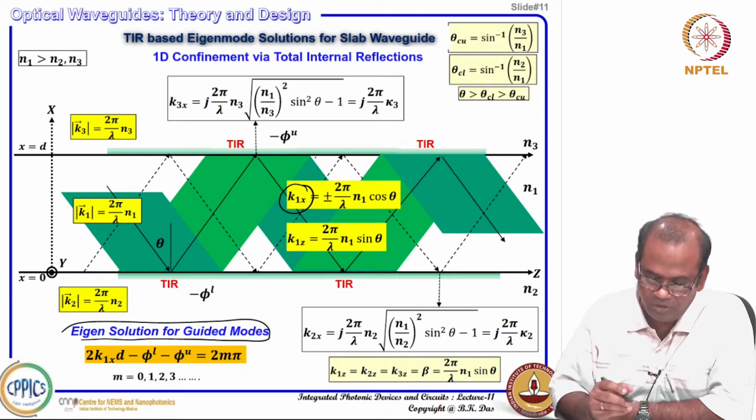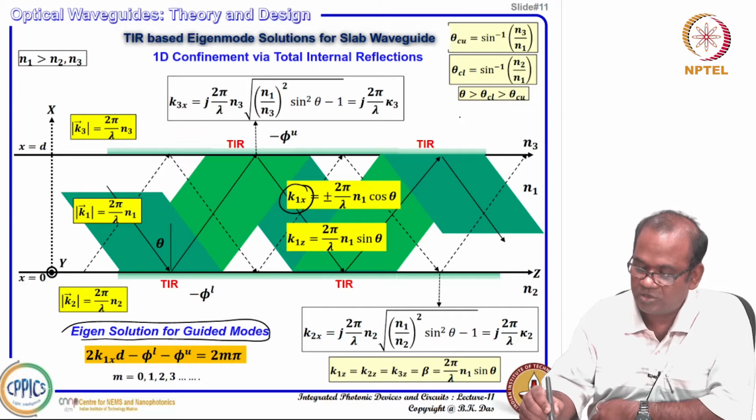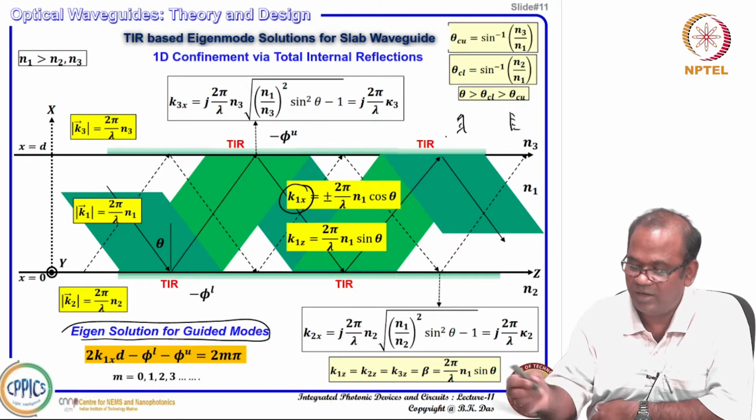How is that possible? We know any standing wave, suppose you are considering a cavity, a simple Fabry-Perot cavity or a resonator cavity.